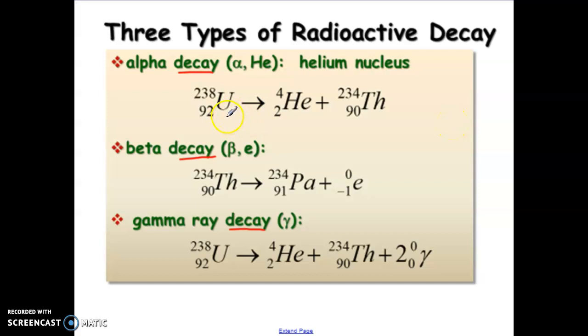So how can we tell? First of all, this substance started off as uranium, but if you look at the product side, there is no uranium here. If you recall anything about chemical reactions, a chemical reaction is where you have elements on the reactant side, and then they rearrange themselves to form different compounds on the product side.